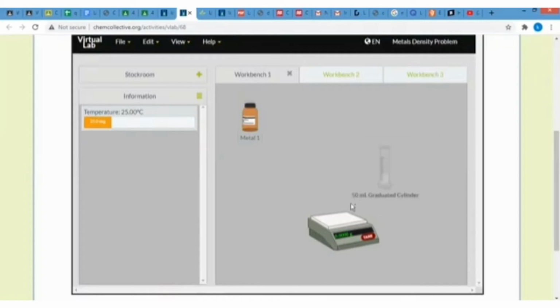Now that we have the graduated cylinder, we can place it on our balance. And there is an increase in mass. This is because metal number 1 was added. The new mass of the graduated cylinder, which now contains the metal, is 241.7640 grams.